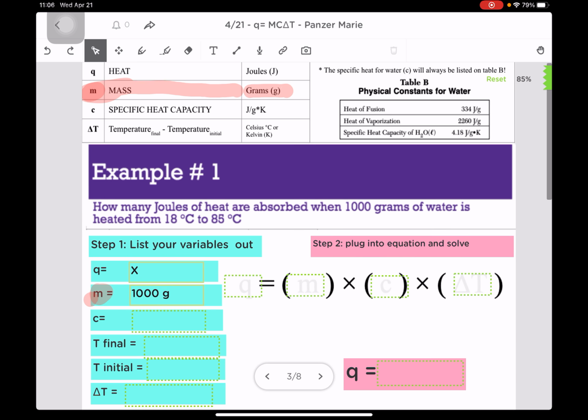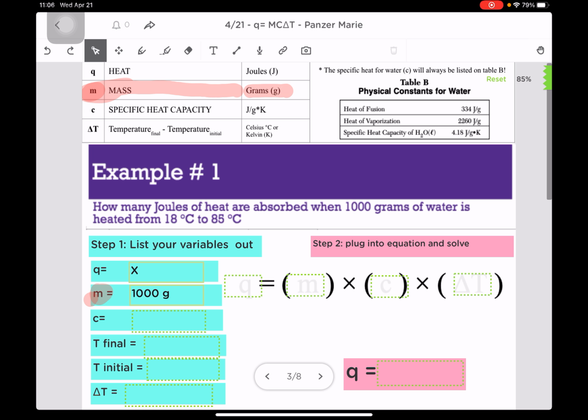1,000 grams of water is heated from 18 degrees Celsius to 85 degrees Celsius. So think about you're taking the train and you're going from 23rd Street to Nostrand Avenue. You start at 23rd Street, so that would be your initial, and then you'd go to Nostrand Avenue, that would be your final.